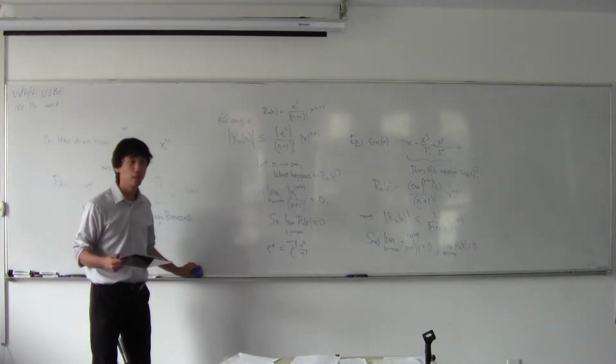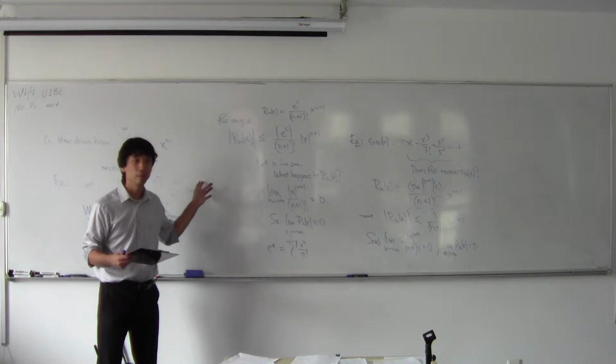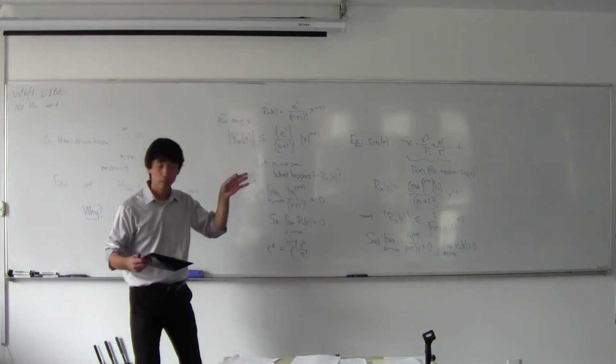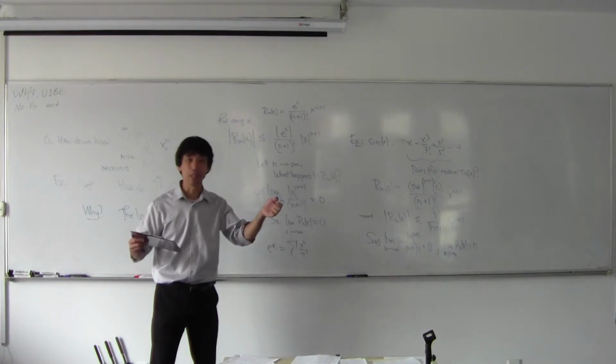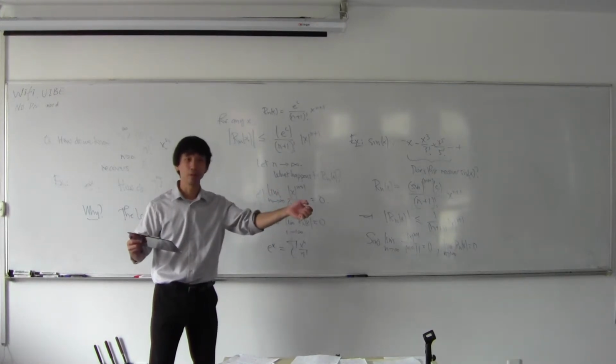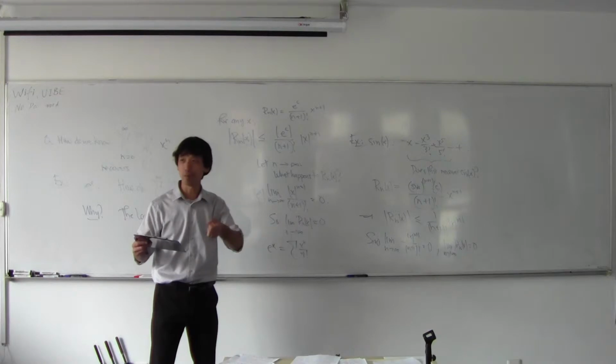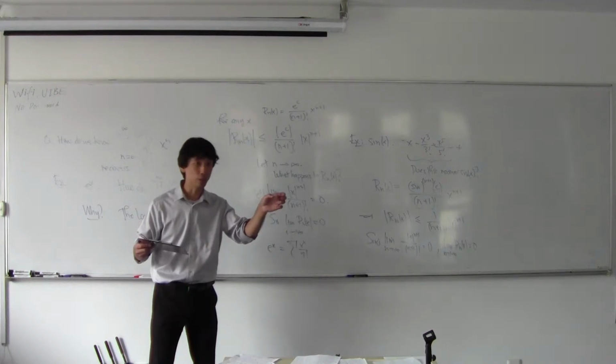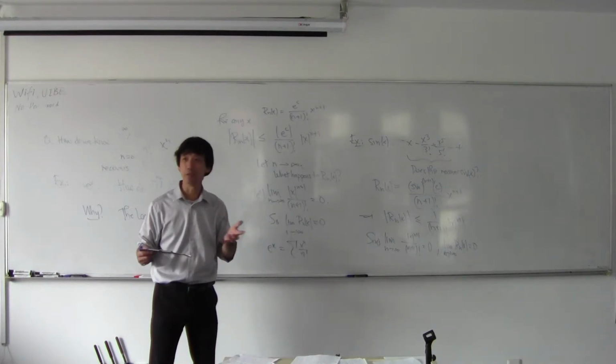Any questions on what we just did? You see how this works, right? You have your function, you have your Taylor series, you have the error. The Taylor series might not recover your function, but if you can see that the error term goes to 0, then it does recover your function.